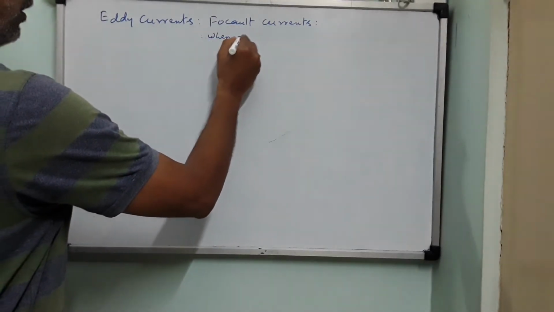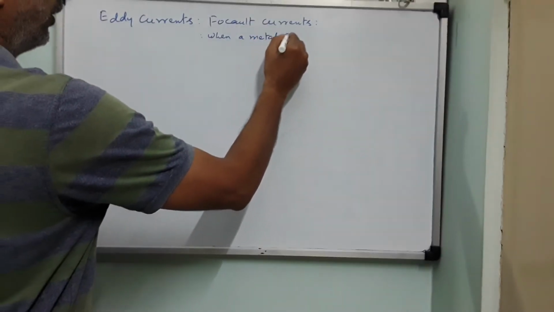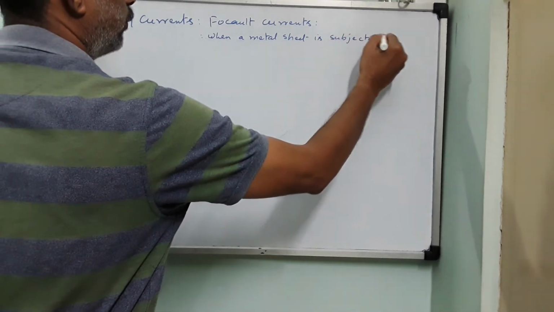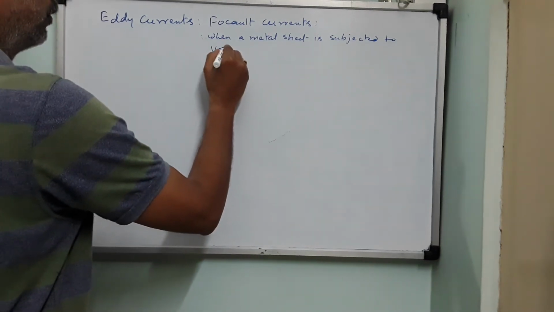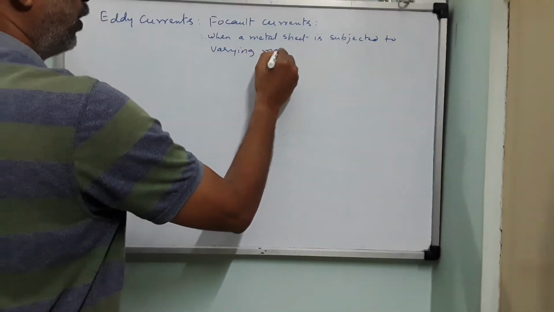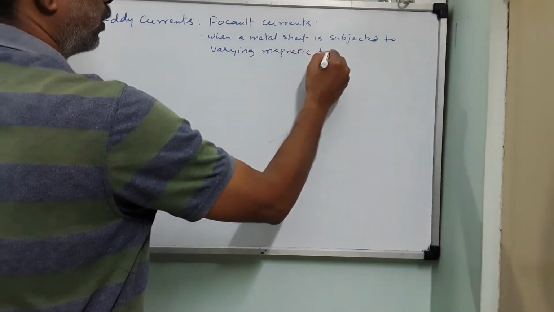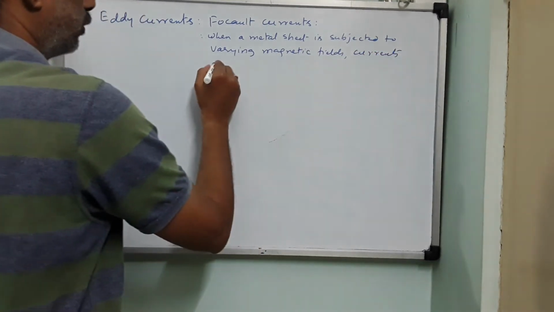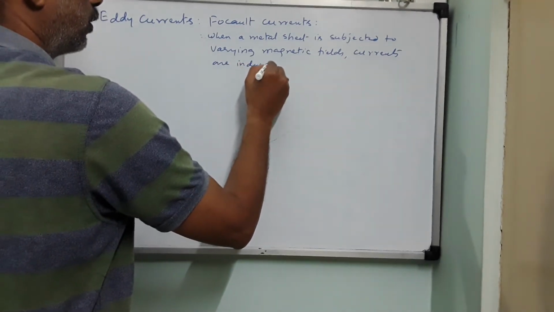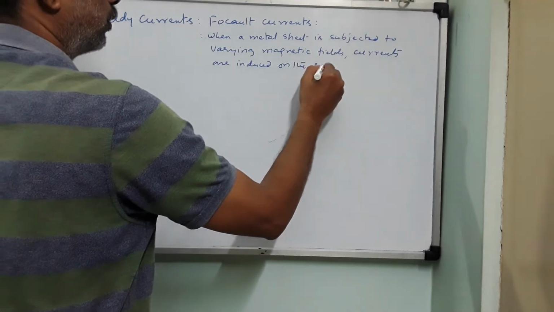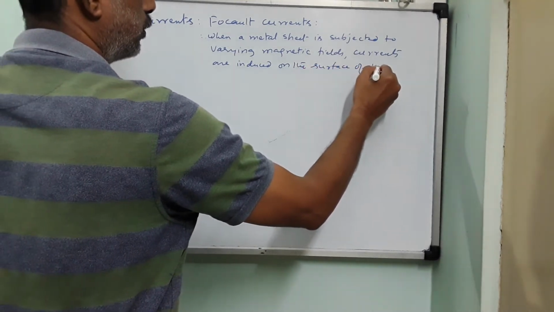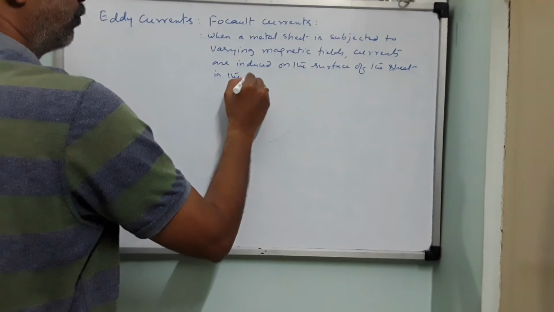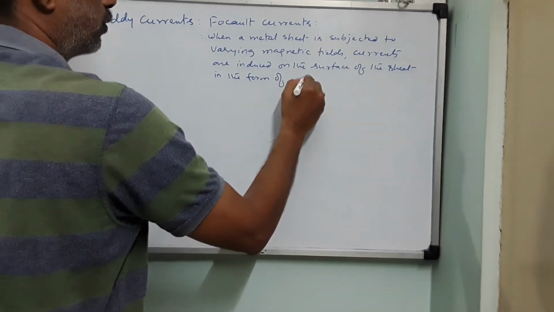So when a metal sheet is subjected to varying magnetic fields, then currents are induced on the surface of the sheet in the form of whirlpools.